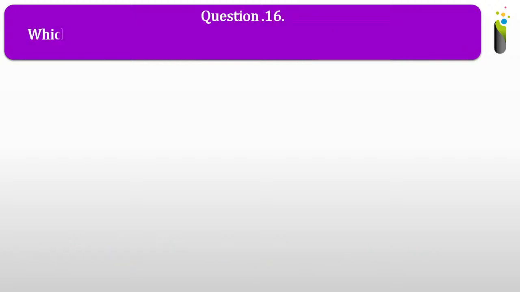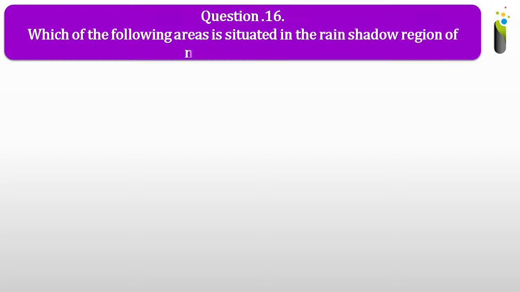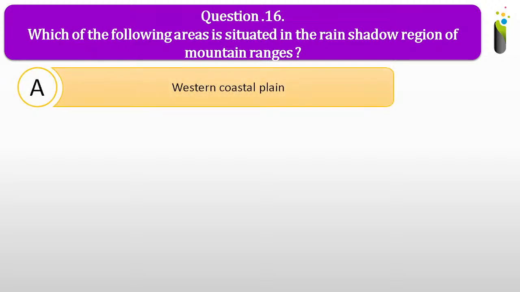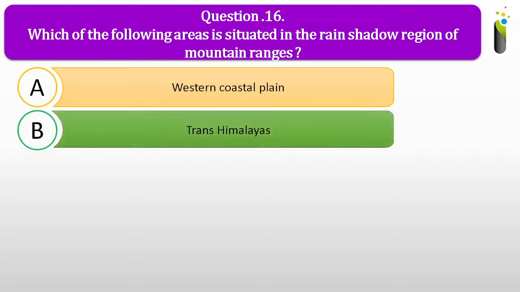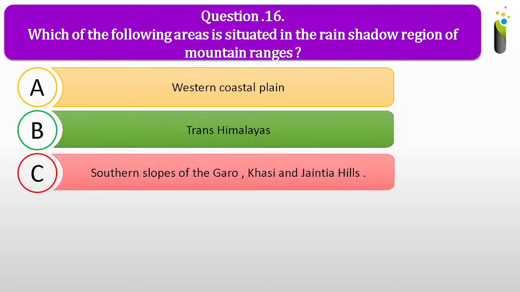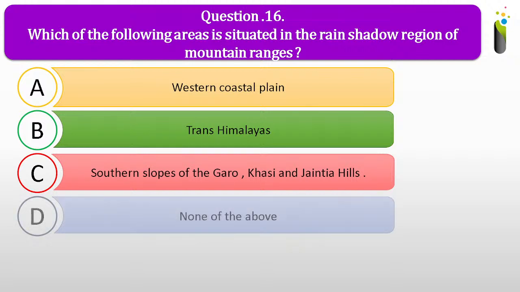Now we go ahead with question number 16. Which of the following areas is situated in the rain shadow region of mountain ranges? Your options are A. Western coastal plain, B. Trans Himalayas, C. Southern slopes of the Garo, Khasi and Jaintia hills, D. None of the above.